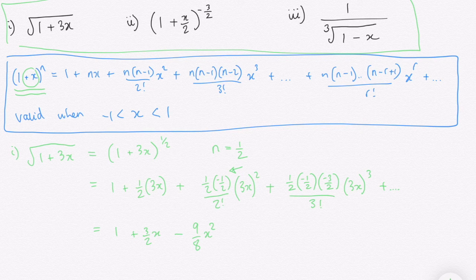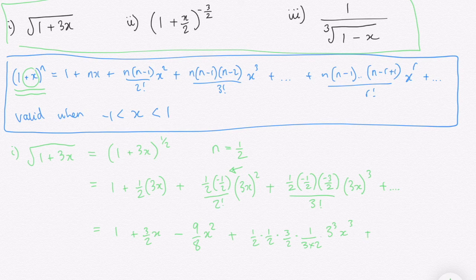Okay, here we're going to get a negative times a negative, so this is going to be positive, and then we have a half times a half times 3 halves times by 1 over 3 factorial, so that's 1 over 3 times 2 times 3 cubed x cubed.